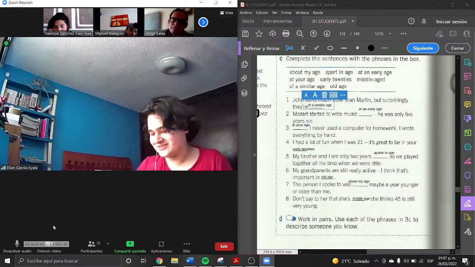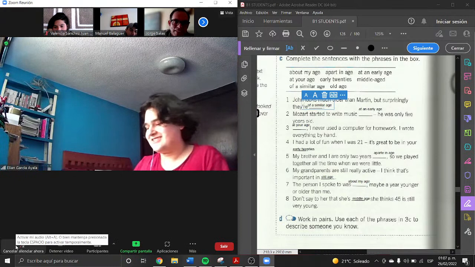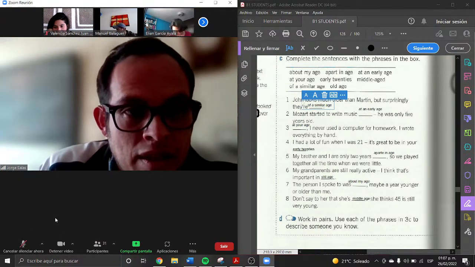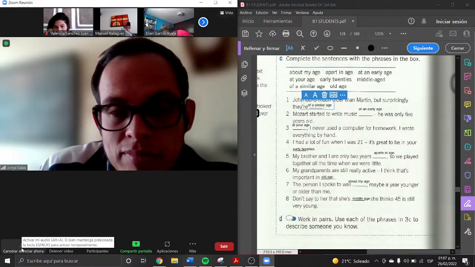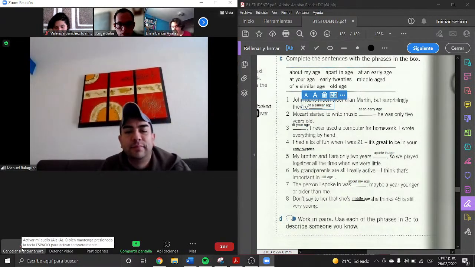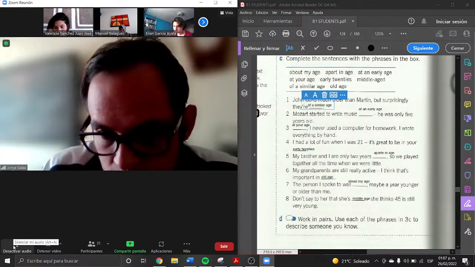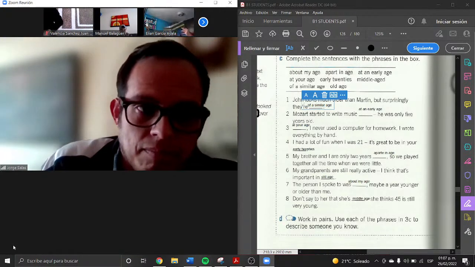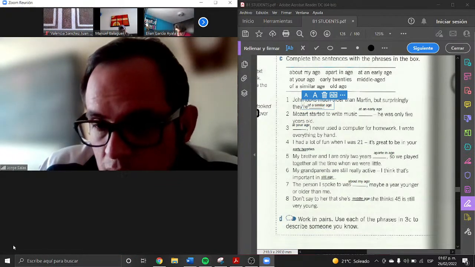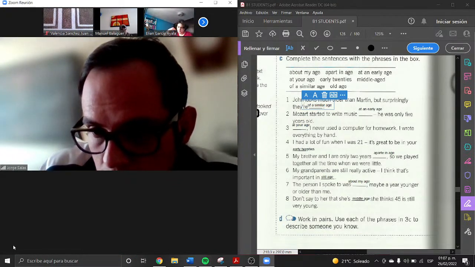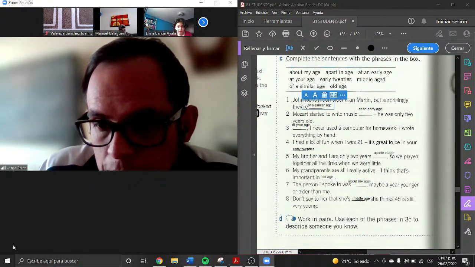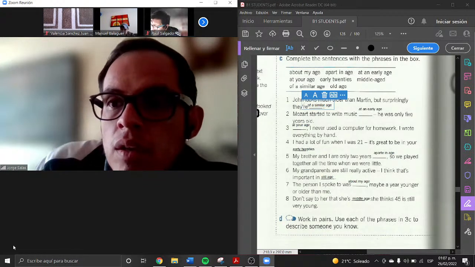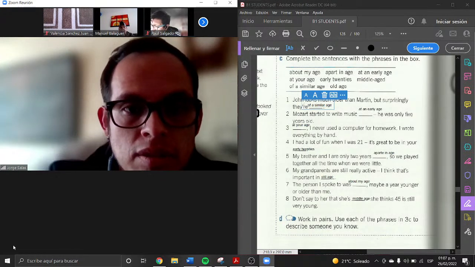So grab a piece of paper, a pen, pencil, have your cameras on. You're going to see the post in Classroom. It is already available. And the assignment is there.